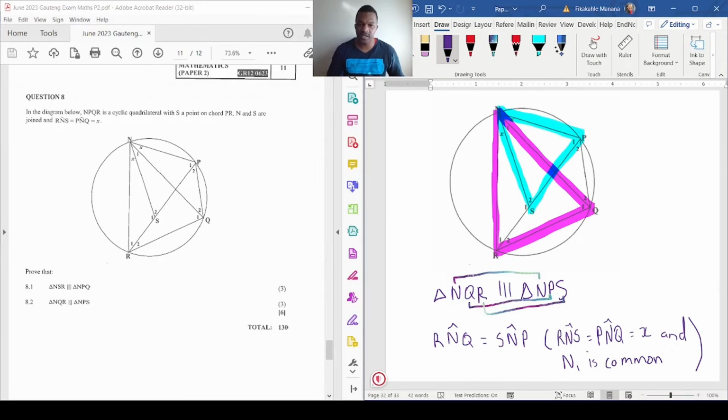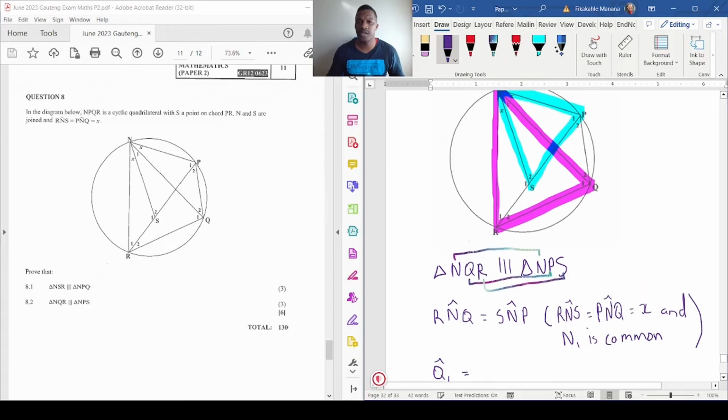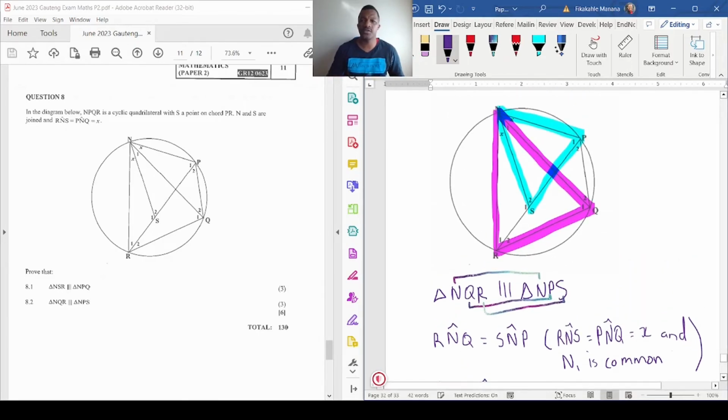Right, now this is much fuller. Now let's see which one else we can prove. Can we prove that Q is equal to P? Let's see, it's Q1 equals P1. Yes, we can prove that one very well. So Q1 is equal to P1. That's the angle we're working with. All right, let's do this once again.